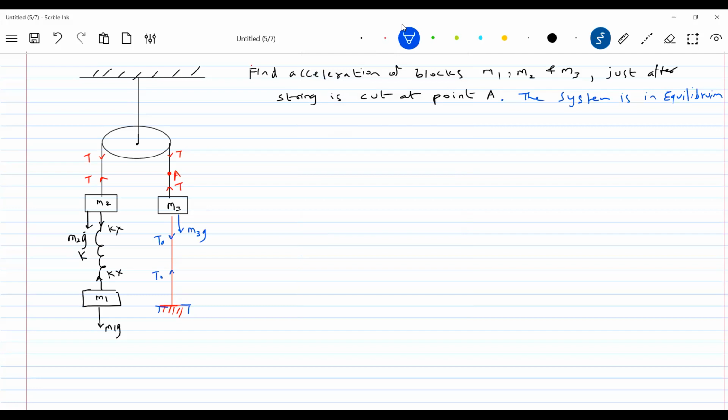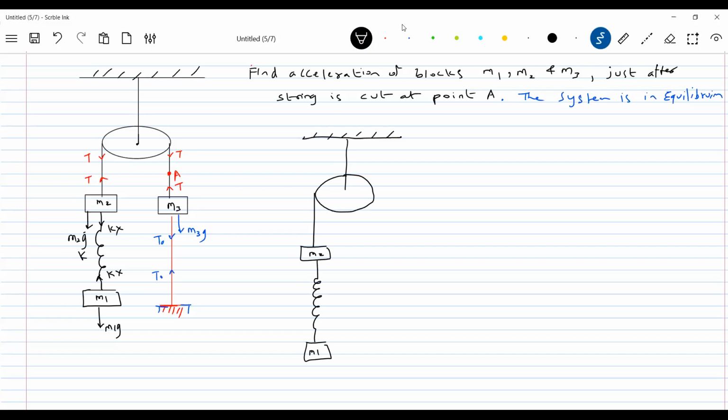Okay, now what's happened? I'm going to cut the string at A. It's just a logical problem, no new concept. Just stick to the very small basic ideas of the spring. This is M2 and this is M1. This particular string is cut, no? So what will happen to the string?